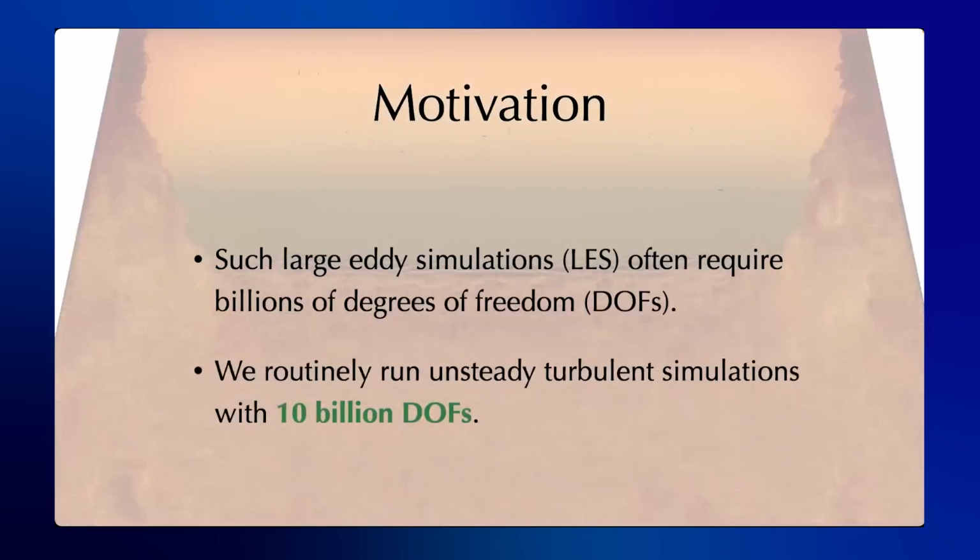A consequence of this is that these very large fluid flow simulations typically require billions of degrees of freedom. I'm showing here in the background an MTU T161 low pressure turbine cascade that we ran a few years ago, and this simulation required some 10 billion degrees of freedom to get good turbulent statistics.